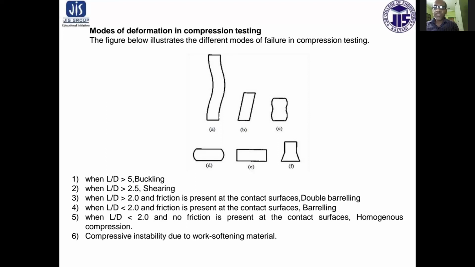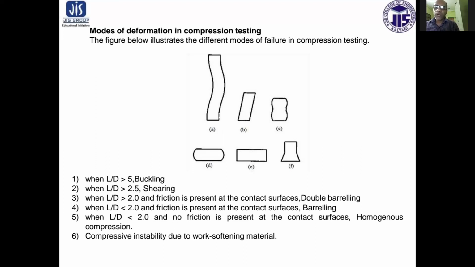Number 4, L/D ratio lesser than 2 and friction is present at the contact surfaces, again barreling occurs. Now when the L/D ratio is lesser than 2 and no friction is present at the contact surfaces, as shown in figure E, homogeneous compression occurs.